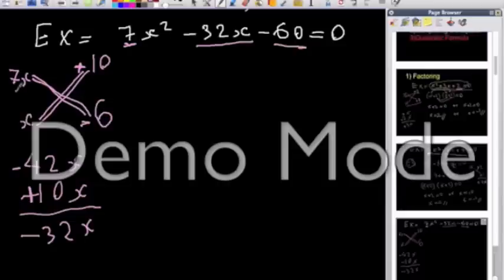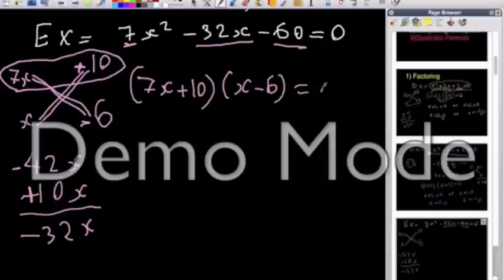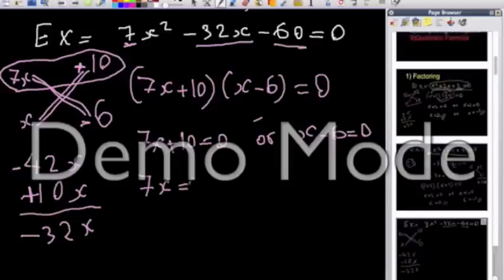So now we need to look at it in this way, cross each other. So that would be 7x plus 10 and x minus 6 equals 0. Okay, 7x plus 10 equals 0, or x minus 6 equals 0. 7x equals negative 10, or x equals 6.